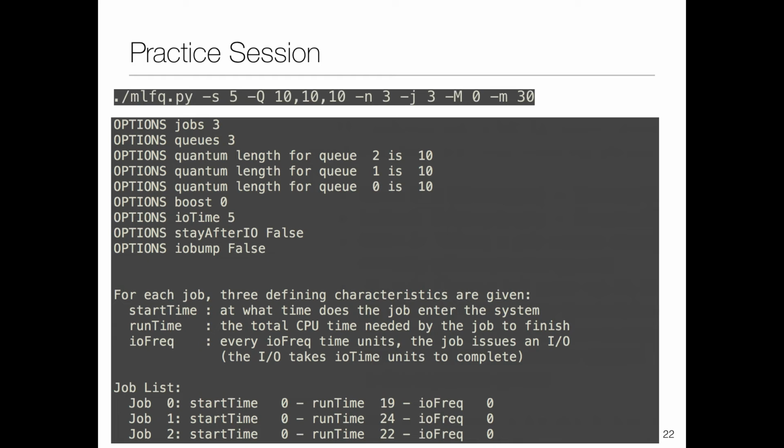Find the response time and the turnaround time. You don't need to worry about I/O. So these are pure CPU processes.